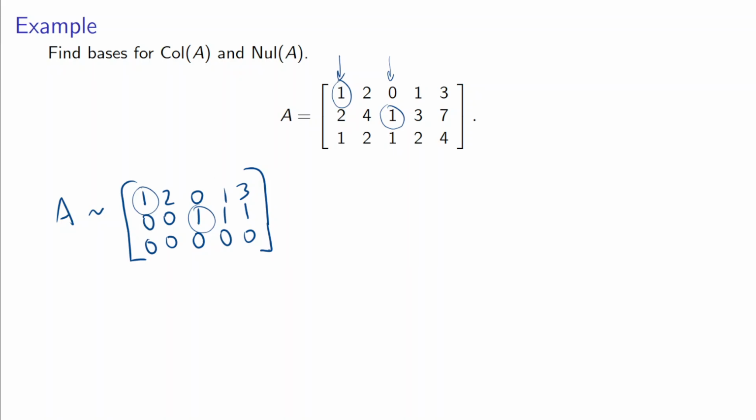If we augment that fourth column, we could see that it is just the sum of the first and the third columns. So this 1, 3, 2 is the sum of 1, 2, 1 and 0, 1, 1.